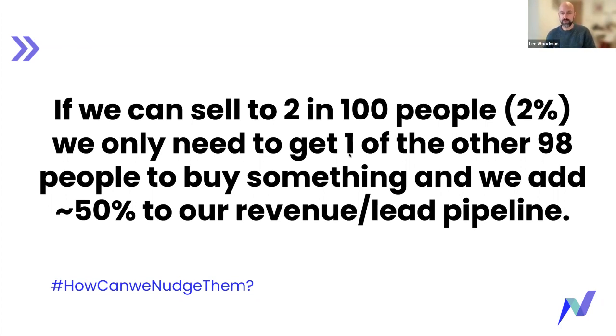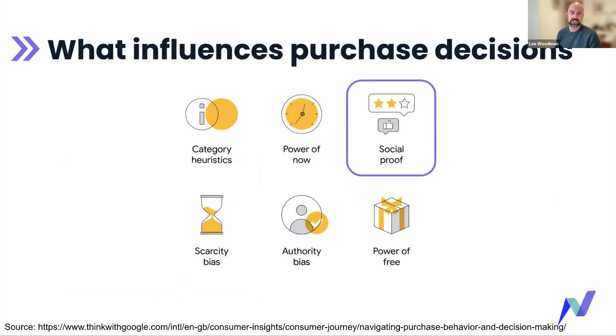So we've got to nudge one in the other 98 people over the line, and there are tactics that we can use to do that, and reputation is one of those levers that we can pull.